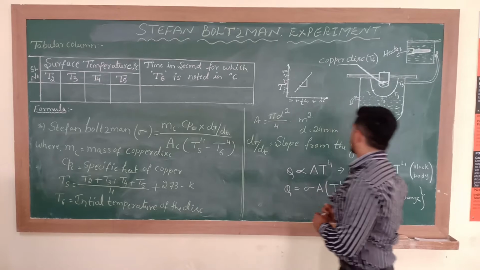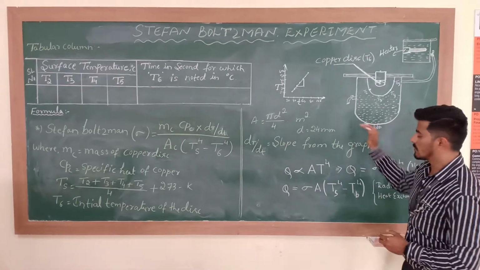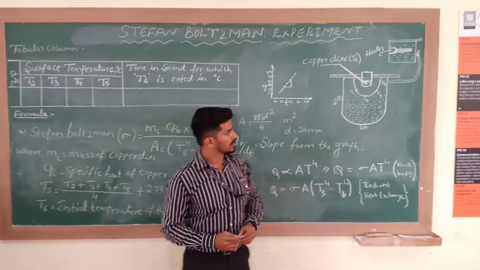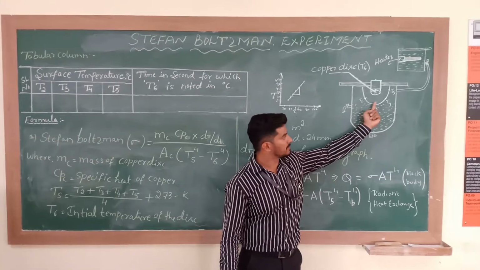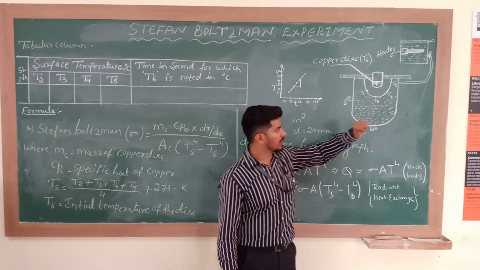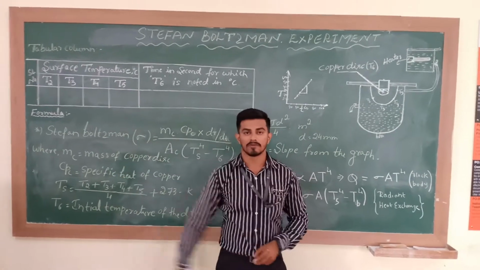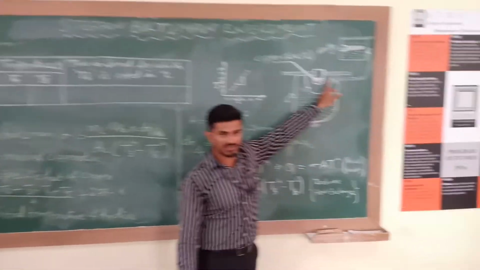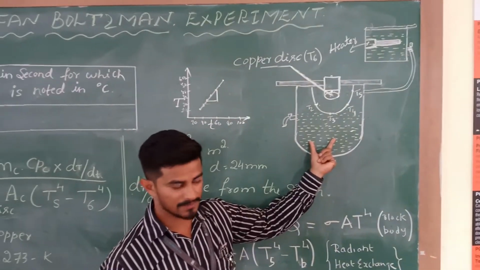Before going to the formula part, let us see the components of the experimental apparatus. The apparatus consists of a hemispherical shell, on which there are thermocouples to determine T2, T3, T4 and T5. This hemispherical copper shell is surrounded by a water jacket.